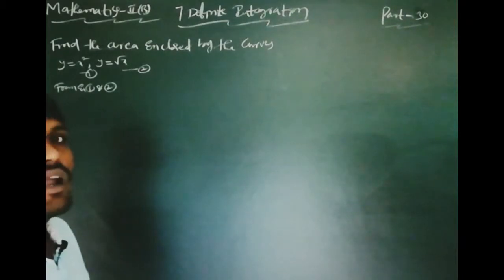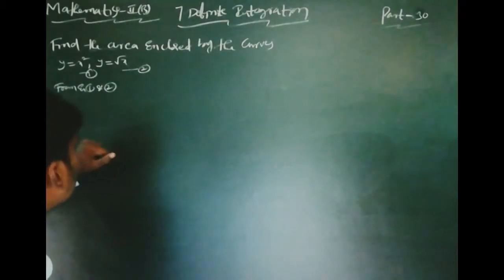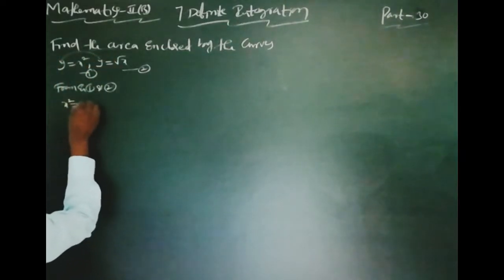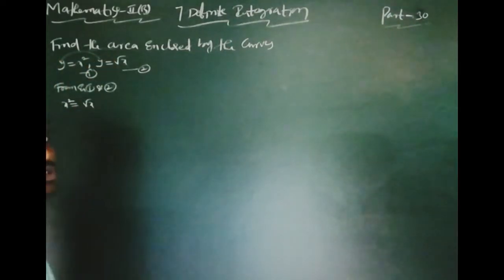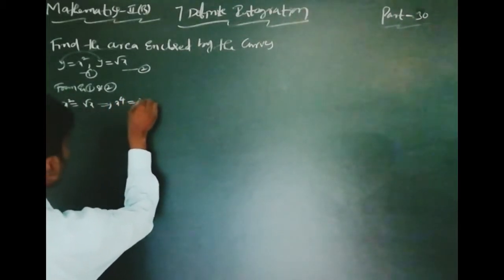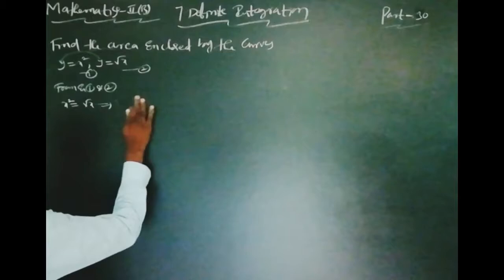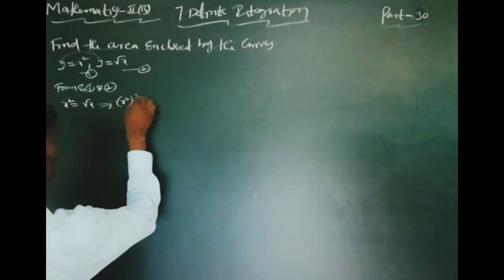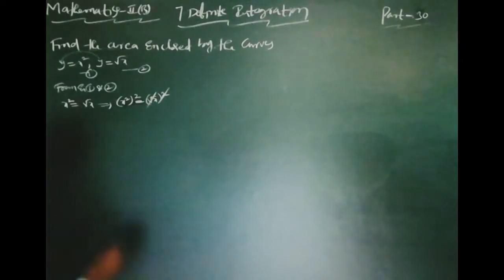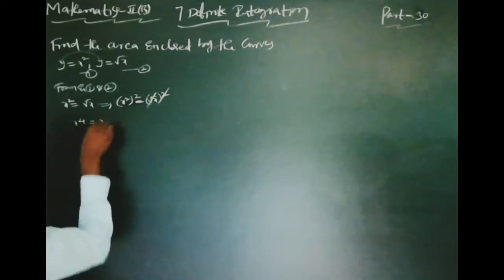From equation 1 and 2, the LHS parts are equal, so the RHS must also be equal. x square equal to square root of x. Squaring on both sides, x square whole square is equal to square root of x whole square. The square root gets cancelled. You get x power 4 equal to x.